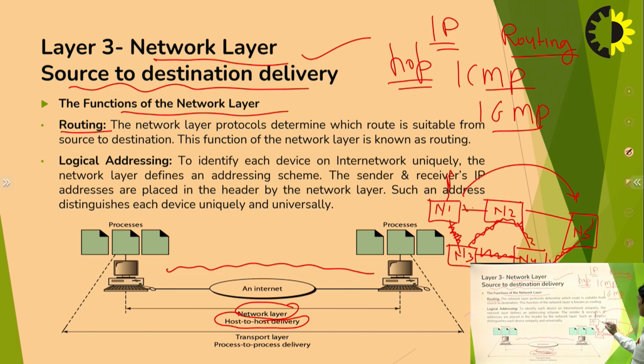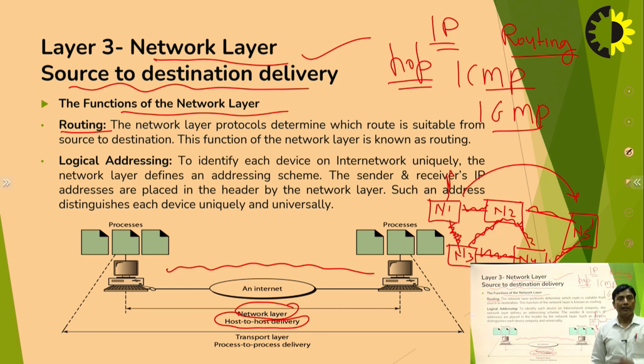Another path is N1, N2, then N5. These different possible paths are known as routes. Which path should be followed, which route, is decided by the network layer.